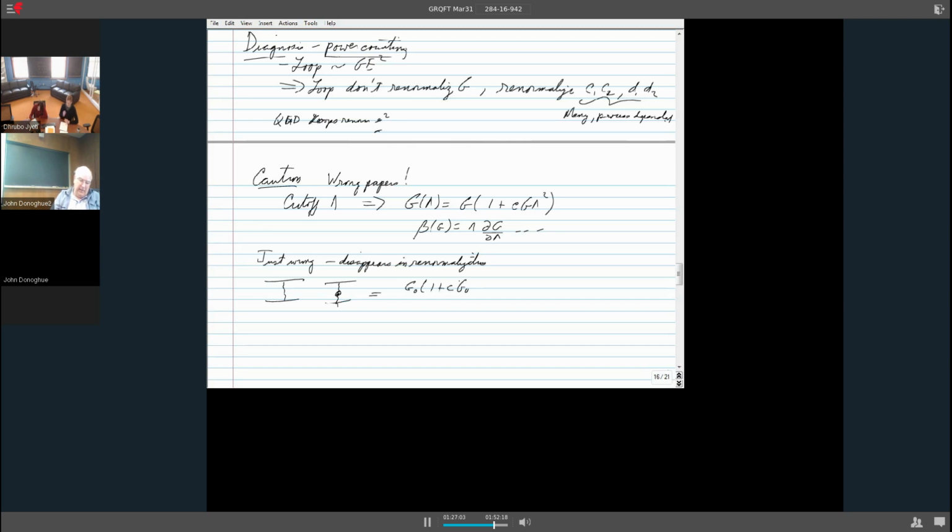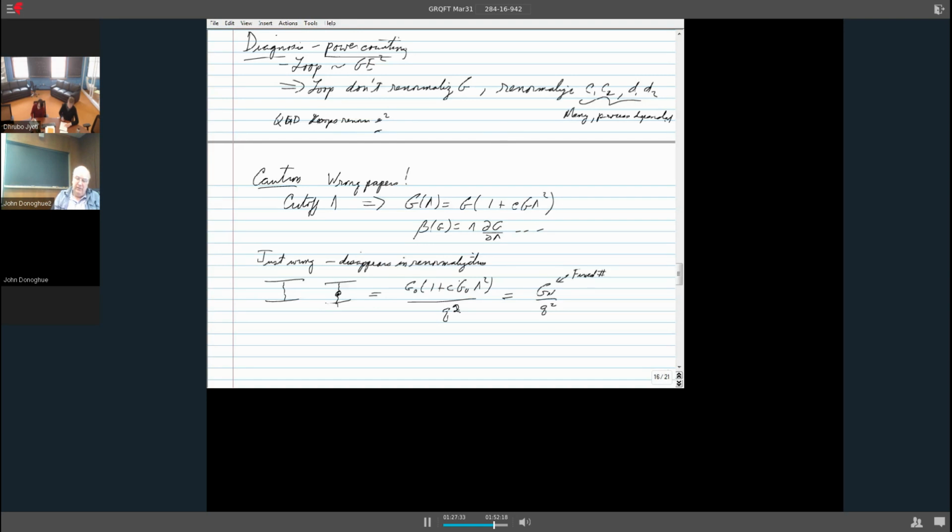I just have to finish here with this caution though. The caution is there's a lot of wrong papers in the literature. They're all over the place. And here's what they always do. They say, well, let's, instead of doing dimensional regularization like I'm doing, let's use a cutoff lambda.